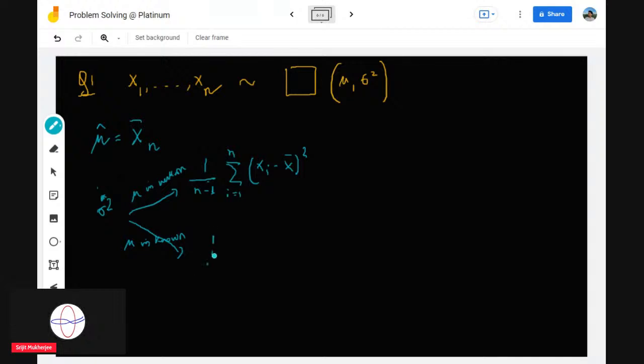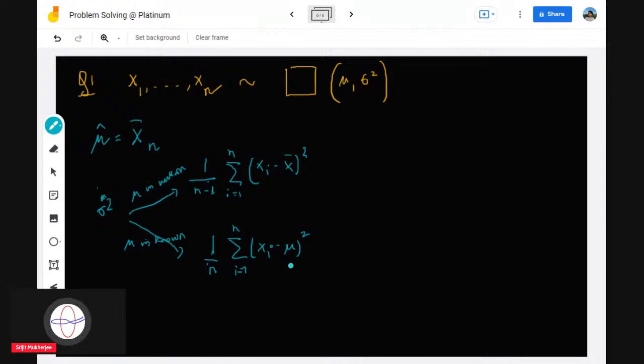So 1 by n, summation from 1 to n, of xi minus mu whole square, because this is a better estimate than the other. Why is it better? Because there you're replacing mu by x bar, so you're losing information about the actual quantity. If you calculate the variance of both when mu is known, you will see this one comes out to be lesser than the other. Both of them are unbiased, but its MSE is better, when mu is known, not unknown.